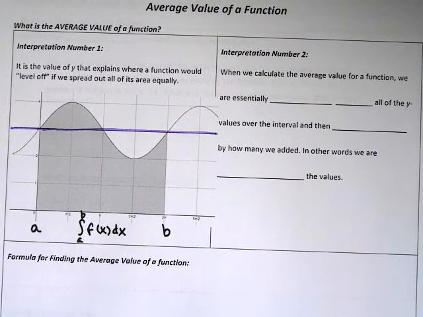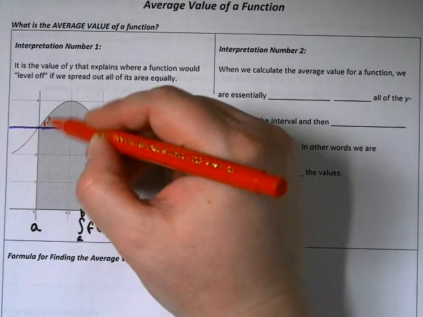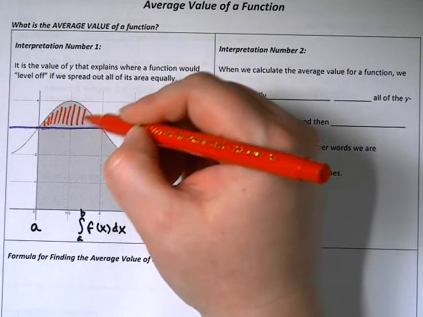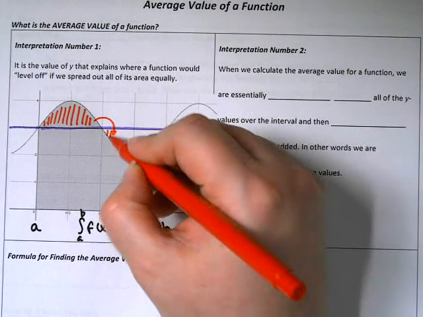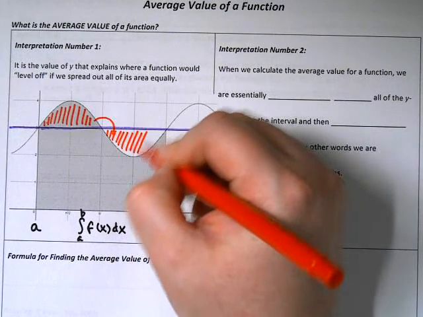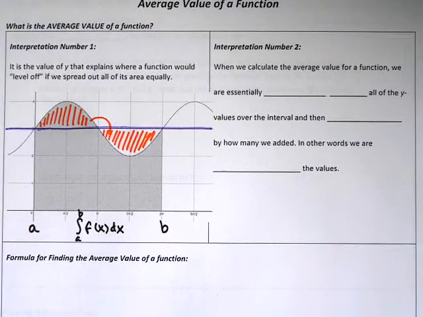And so really we can kind of see that, because if we take this area that's above that average value, we can see that it actually fits very nicely right down here, and it levels it off into kind of this nice rectangle. So that's one way to think about the average value.